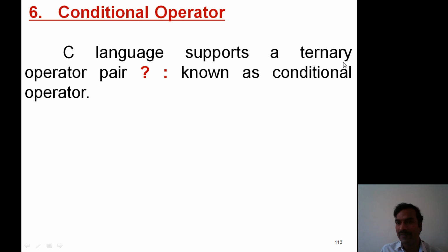Students, you are familiar with this word, ternary operator. A ternary operator requires three operands. C language supports only one ternary operator pair, question mark colon. This combination is known as the conditional operator.